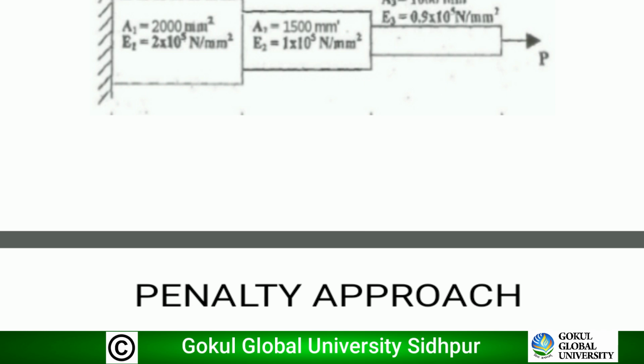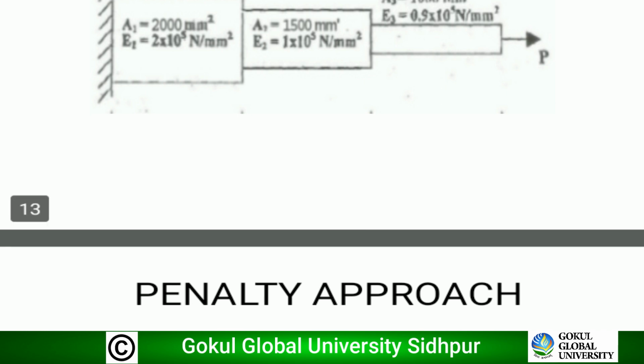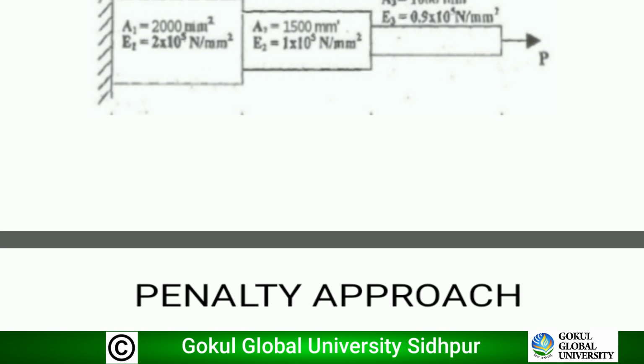C is equal to the maximum term from the global stiffness matrix.